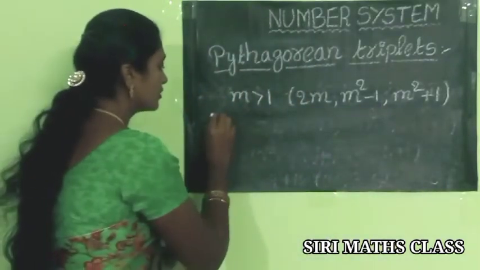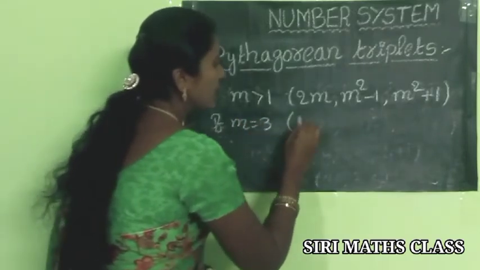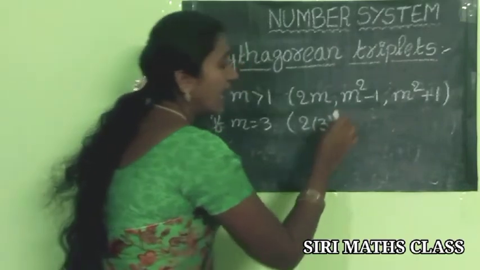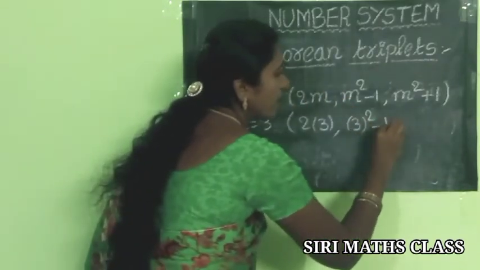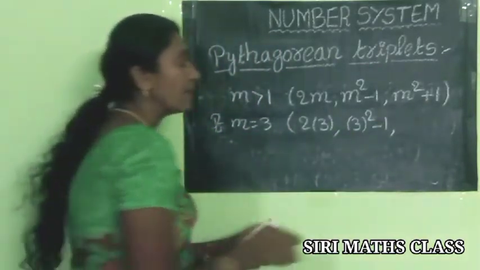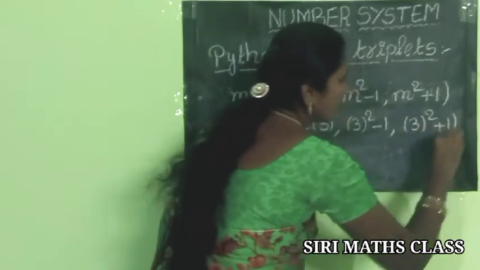Suppose M value is 3. The condition is 2 into M, 2 into 3, then M square minus 1, that is 3 square minus 1, and next M square plus 1, that is 3 square plus 1.